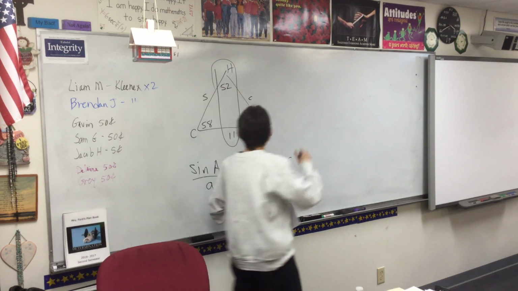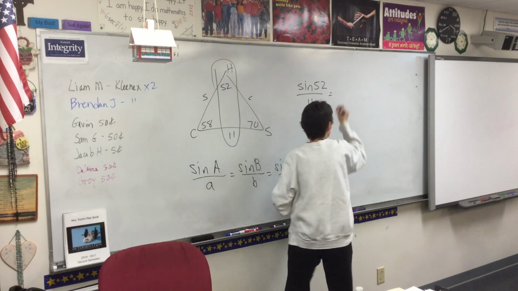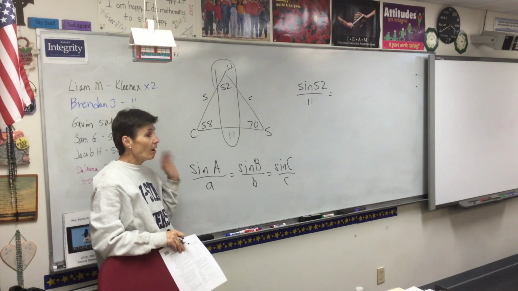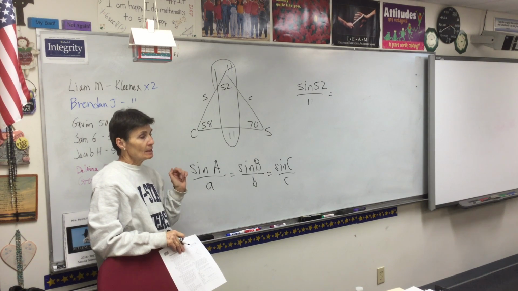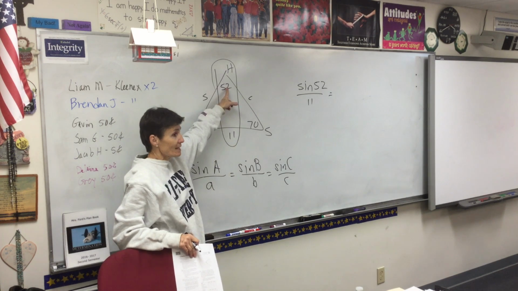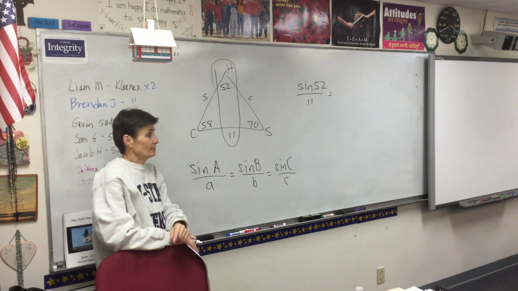So I'm going to start out by saying sine 52 over 11. Now, as crazy as this seems, I'll have kids say sine 11. No, no, no. If you're signing something, it has to be an angle, right? So sine 52 over 11.